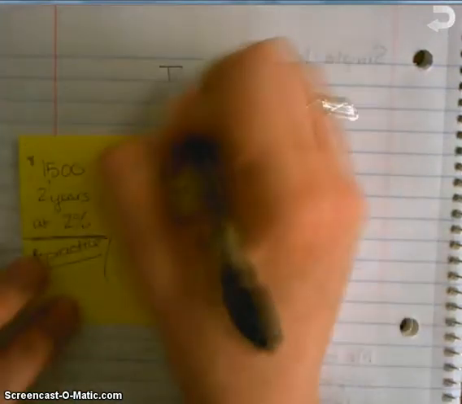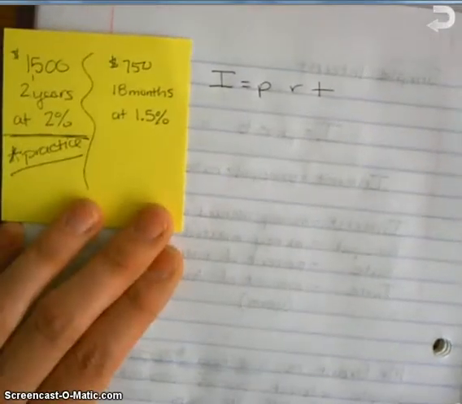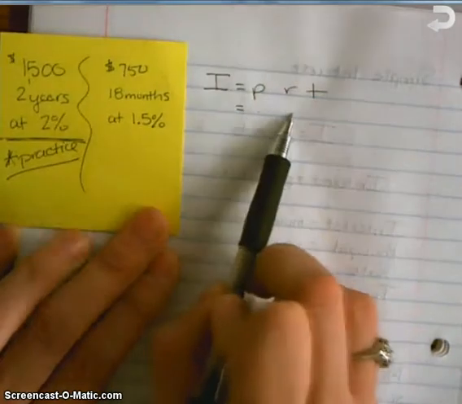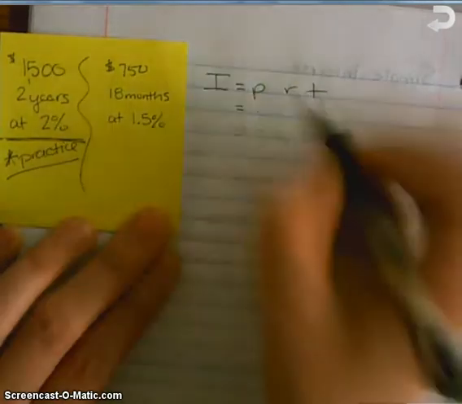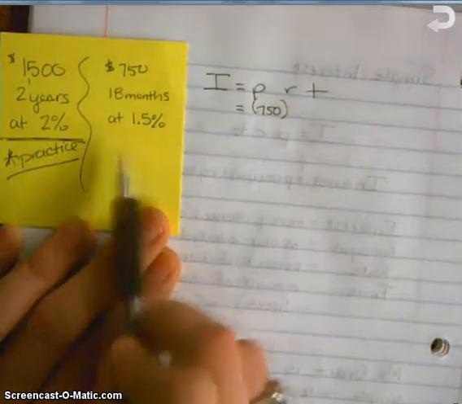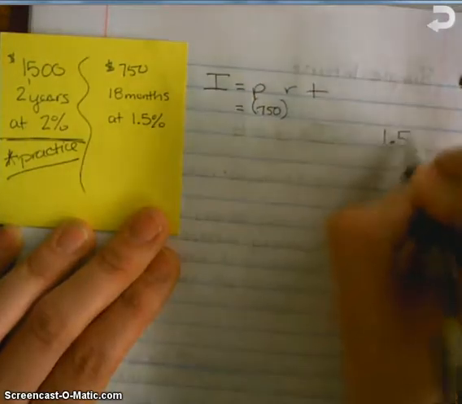Once again, it's I equals PRT. So the interest equals principal times rate times time. My principal is $750. My rate is 1 5/10%, but I have to change that to a decimal.